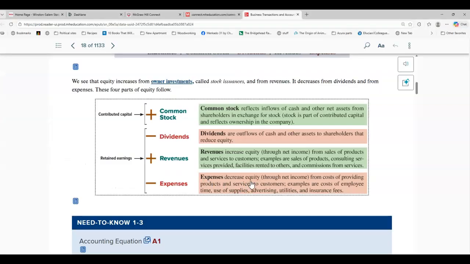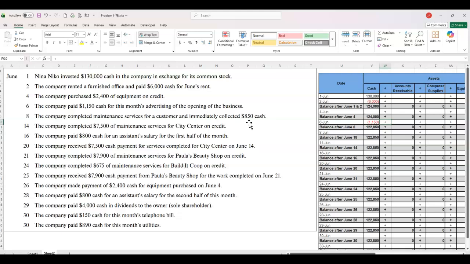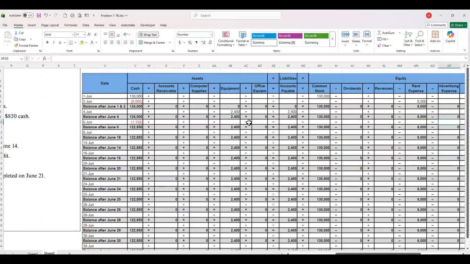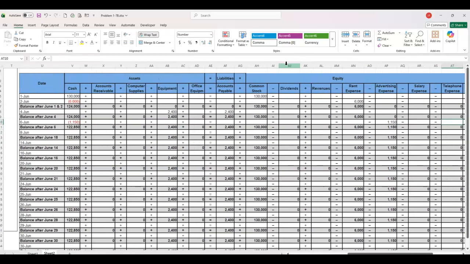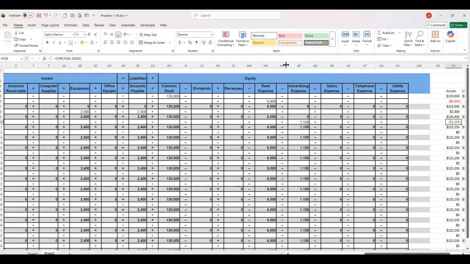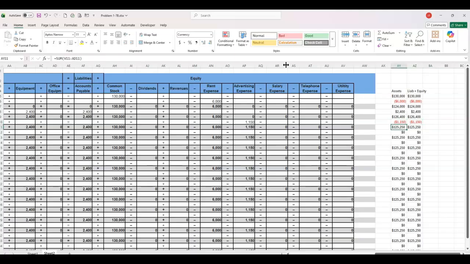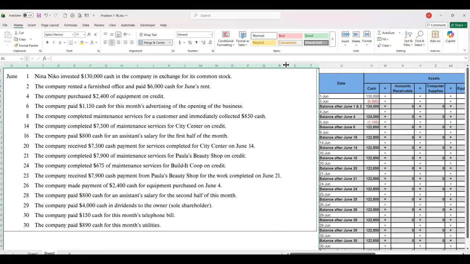You go back over here. Cost of providing services, including advertising. So $1,150 in advertising expense. There it is. And equity goes down because an expense decreases equity. You see my balances are correct here.